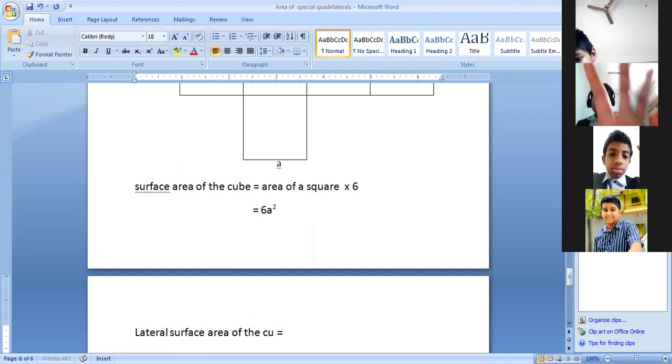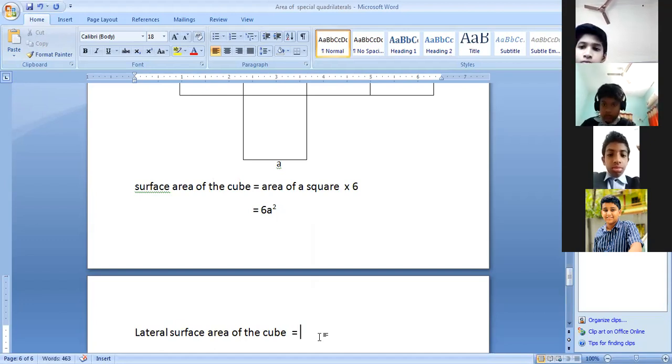We will not consider the base and top. So 4 faces are squares. So the lateral surface area of a cube will be 4a square. Clear?